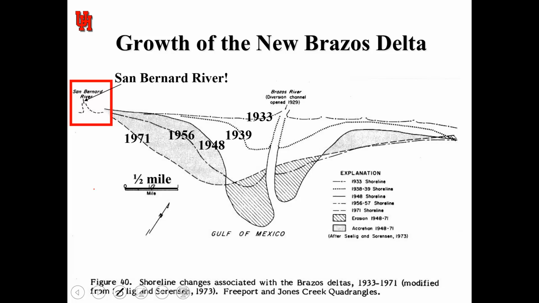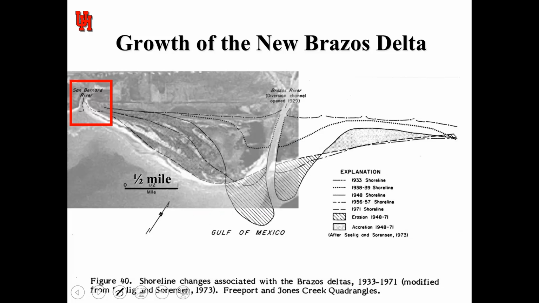And so as the Brazos River has been depositing sediment and growing, and notice the asymmetry of the delta, the shoreline has been growing seaward and downdrift. And so what it's doing is it's heading towards the mouth of the San Bernard River.